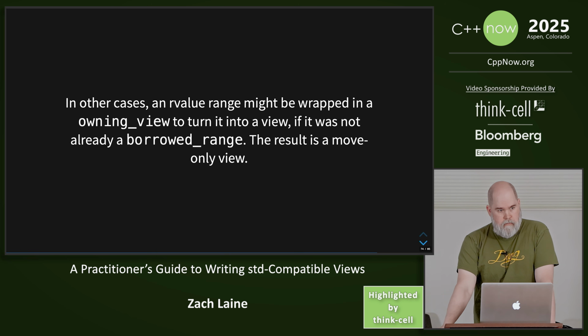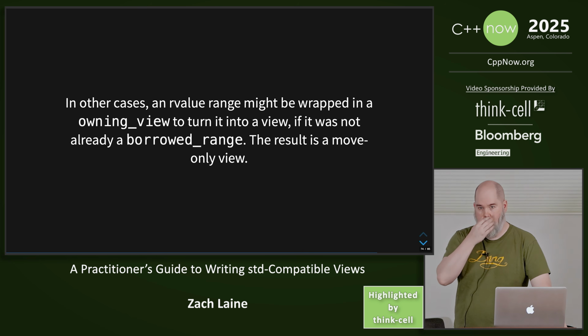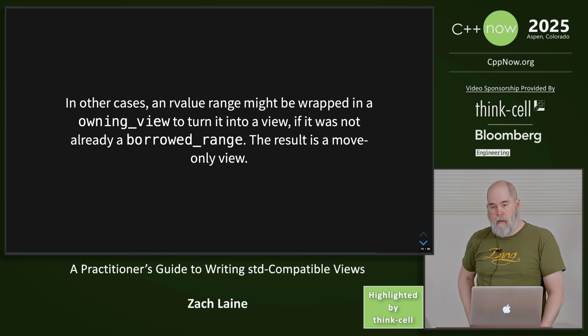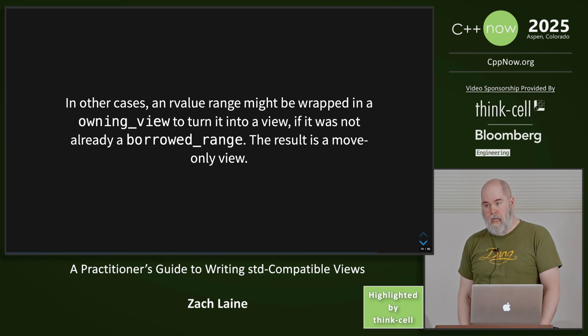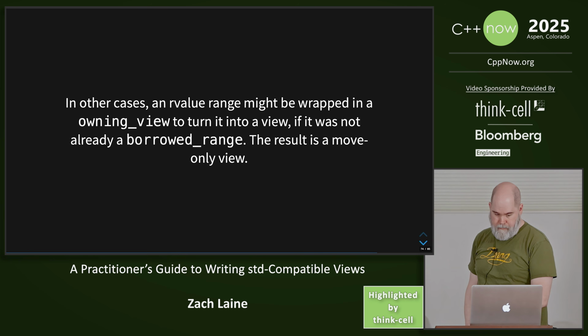Swap ranges on non-borrowed ranges, but on both non-borrowed ranges. What's the point? Okay, you wasted CPU time. Yeah, and I don't know why there's not that constraint there. I don't have a satisfying answer for that. Maybe possibly for generic code. I really don't know what the answer is.